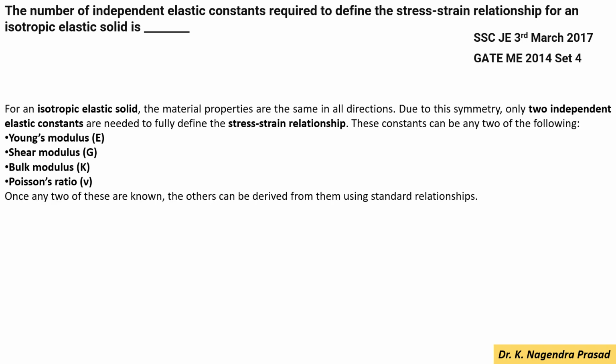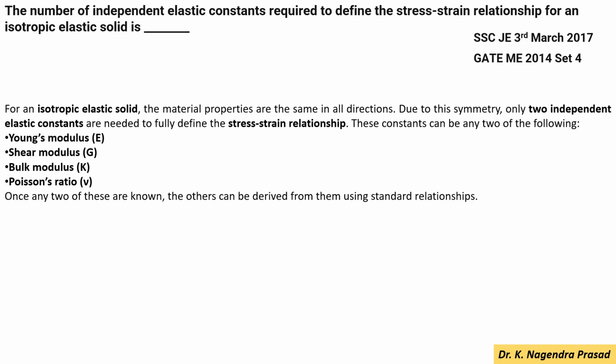So for an isotropic elastic solid, the material properties are the same in all directions. Due to this symmetry, only two independent elastic constants are needed to fully define the stress-strain relationship. These constants can be any two of the following: Young's modulus, shear modulus, bulk modulus or Poisson's ratio.